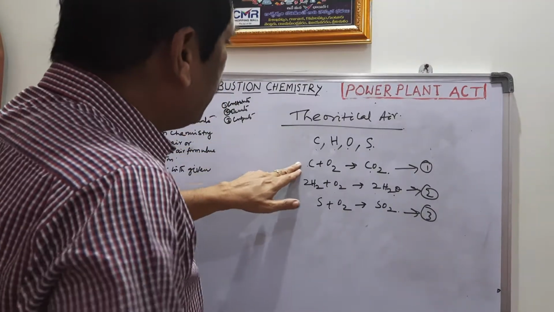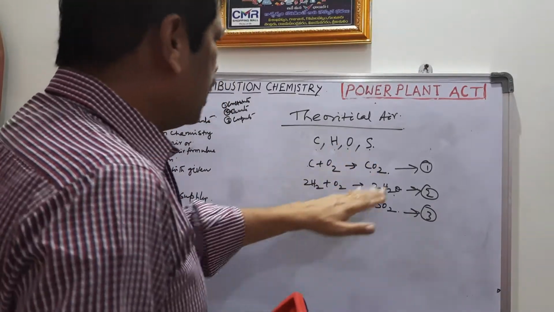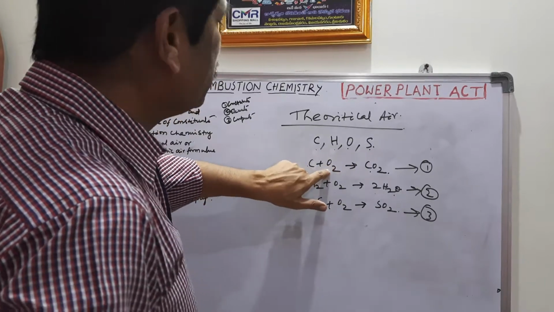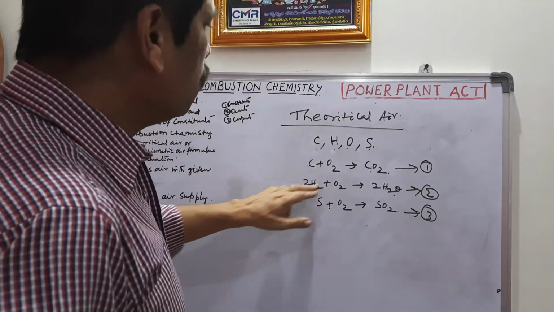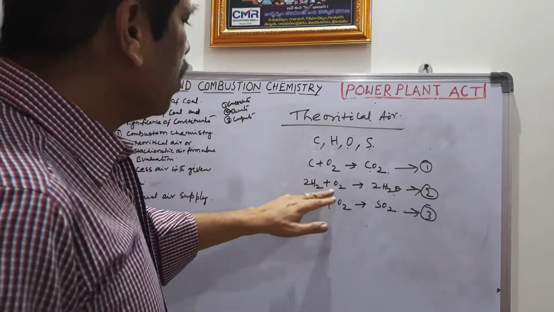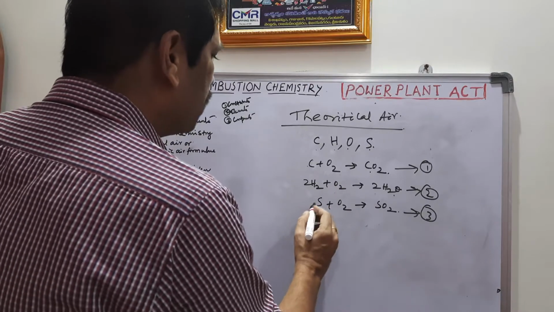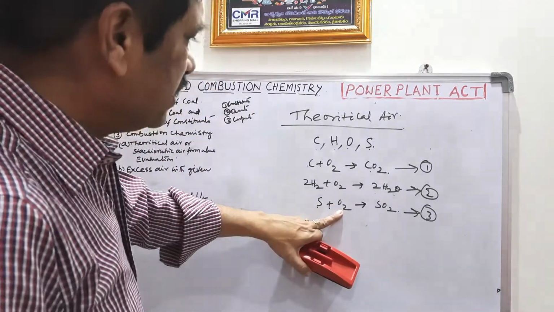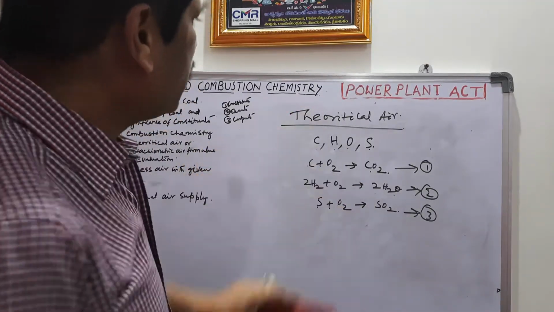The air required for combustion of these elements. That means for converting carbon to carbon dioxide, how much oxygen is needed; for converting hydrogen to H2O, how much oxygen is needed; and for converting sulfur to sulfur dioxide, how much oxygen is needed is to be calculated.